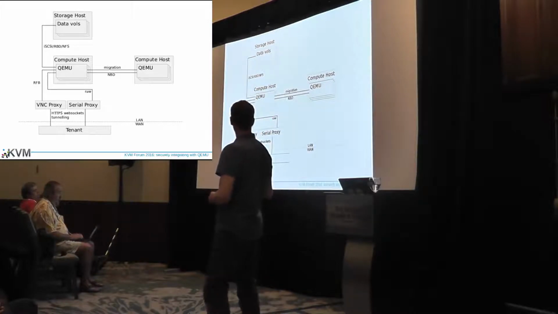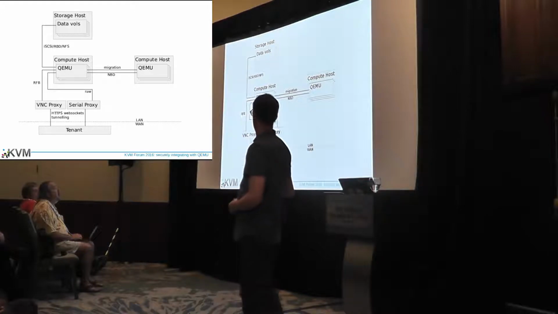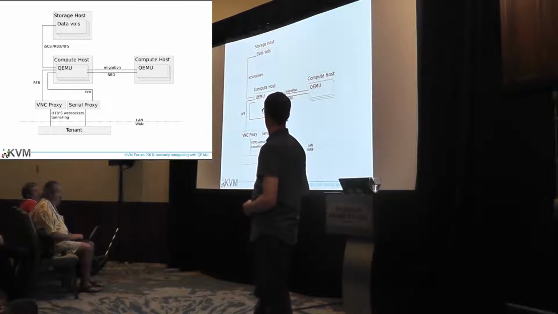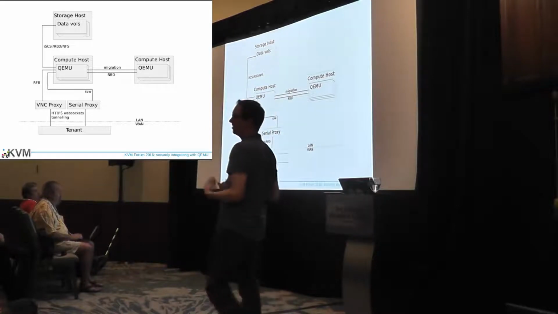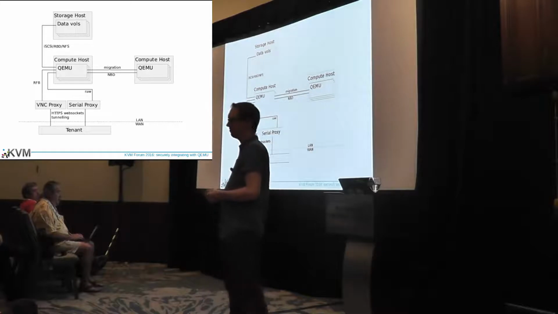And from the point of view of actually interacting with the guest, the tenant user on the internet connects over WebSockets proxies to a VNC proxy server or a serial console proxy, and then that forwards data on to QEMU's VNC server or serial console server.